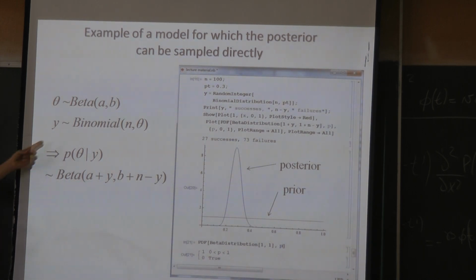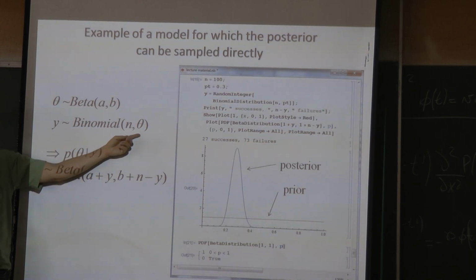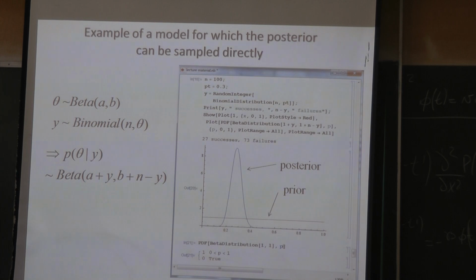So you have a binomial model with the parameter theta. And let's assume that this theta is now the parameter that you want to estimate. So in this case, you can write down the DAG if you like. You have here these parameters.